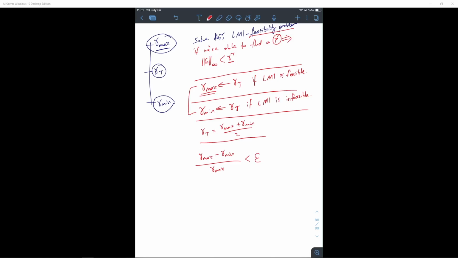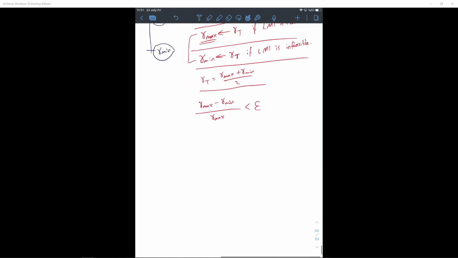Alright, and let me get my book because I really want to write the algorithm. This is the bisection algorithm in a formal fashion. Bisection algorithm.